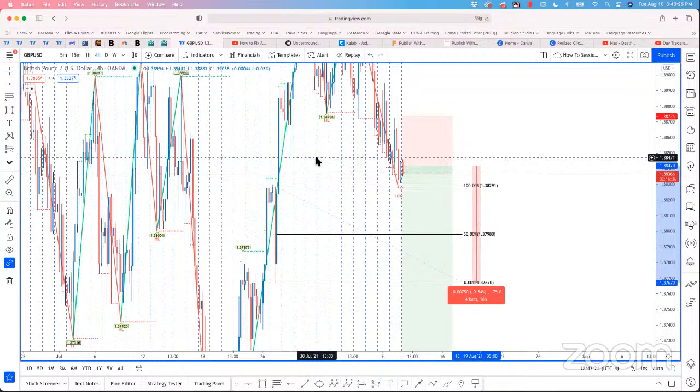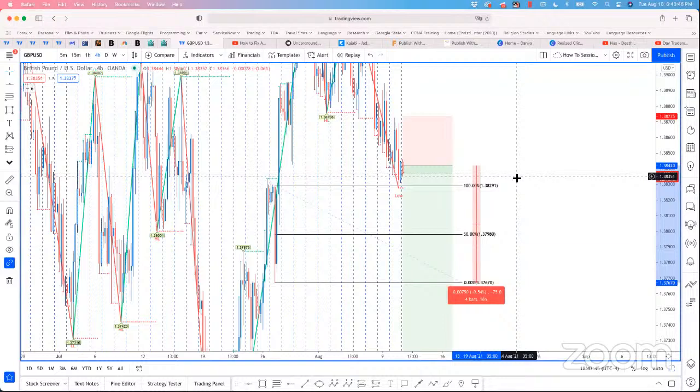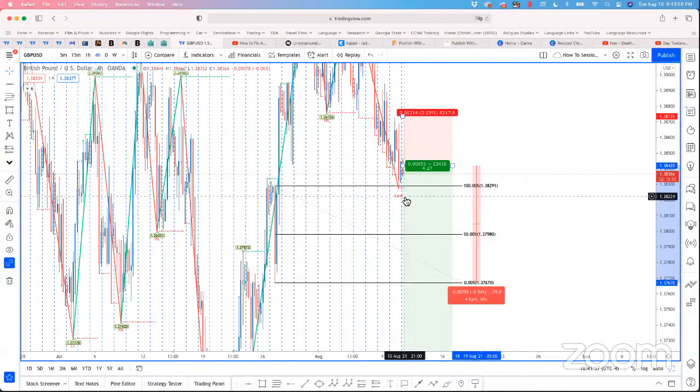Once we see that, I'll probably put a pending order right here, or wait until I see it push down below this and then drop one in there and just see what happens. But I'm not ready to buy quite yet because there's not a lot of bullish candles, just this one, these couple. I want to see a wick rejection.